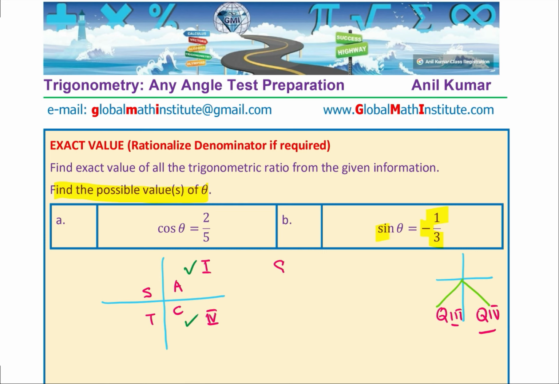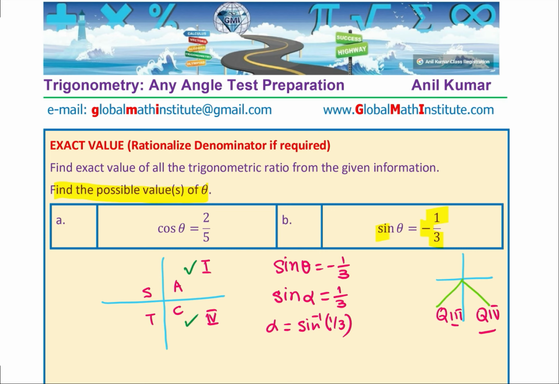So you have sine theta equals minus 1/3. The idea is you find the related acute angle alpha, which will always be positive, and sine alpha will be 1/3. So alpha will be equal to sine inverse of 1/3. So let's figure this out, right? So we'll do shift sine inverse of 1 divided by 3.